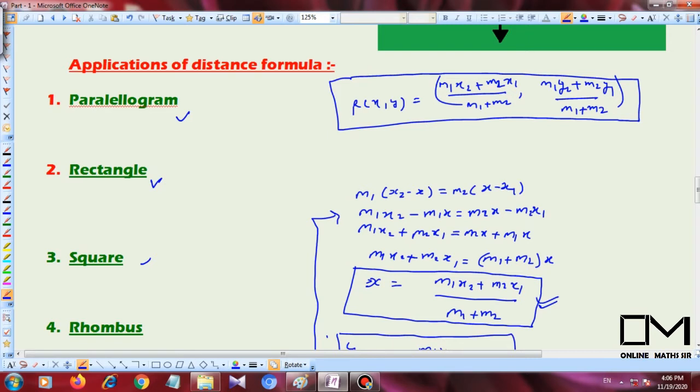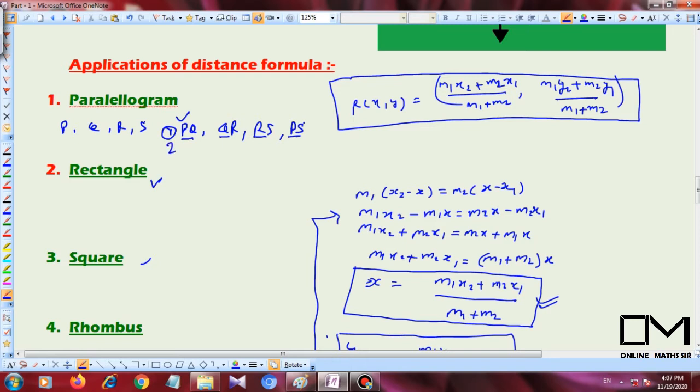Suppose there are 4 points P, Q, R and S. First, by using the distance formula, you find the distances PQ, QR, RS and PS.